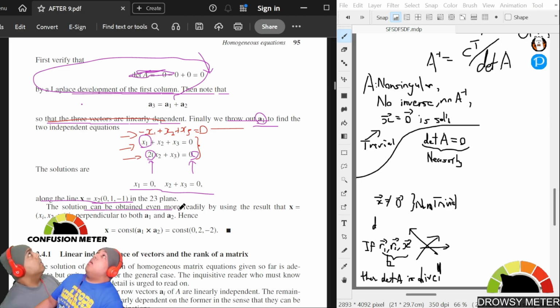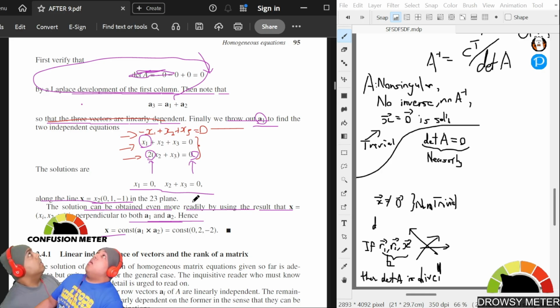The solution can be obtained even more readily by using the result that x equals x1, x2, x3 is perpendicular to both a1 and a2, hence x is perpendicular to both a1 and a2. x is a cross product of a1 and a2.